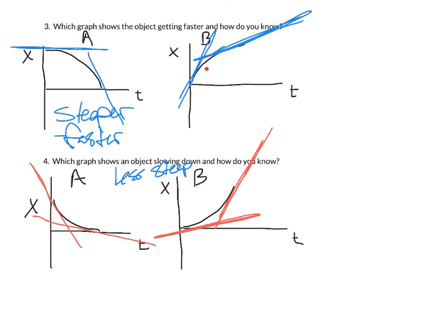This one is getting less steep. I hope this is making sense. You have to know, based on what's being asked for, what you're looking for here. Okay? All right, next slide.